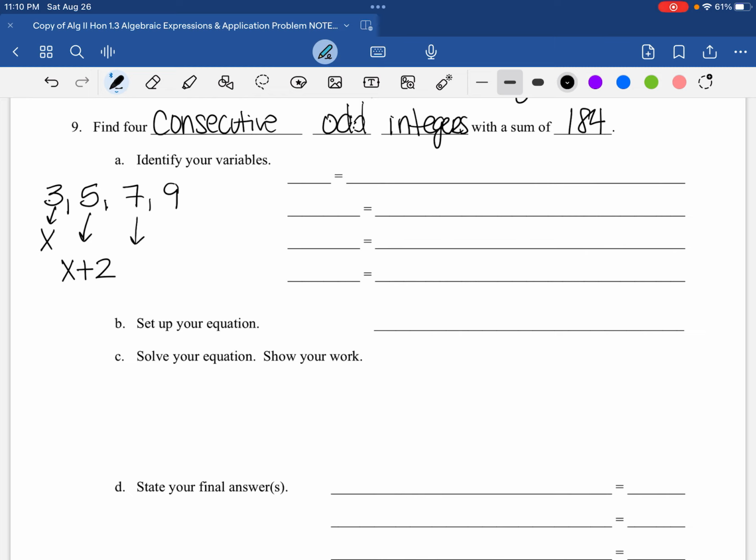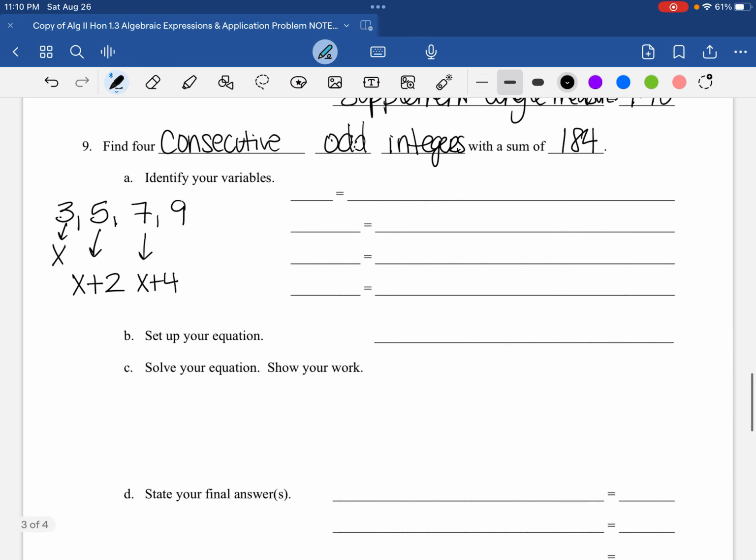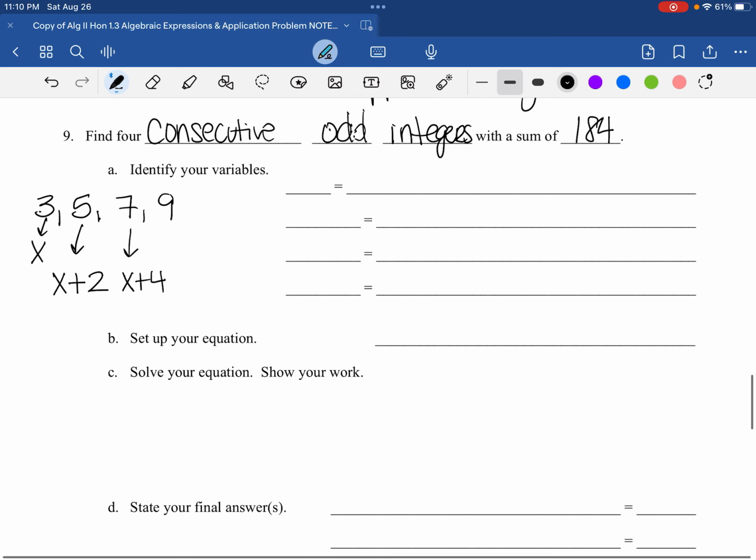So we have x plus 2. Well, in order to get to this one, I would have to do x plus 4. And then last but not least, to get to this one, I would have to do x plus 6. So although they're odd, I am adding 2, 4, and 6 because odd numbers are 2 apart.